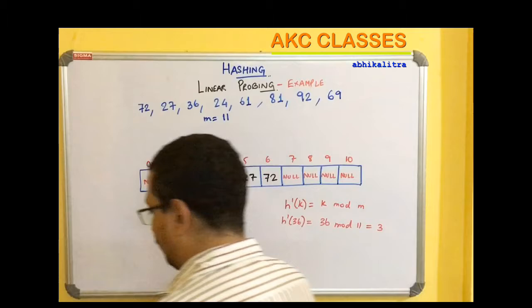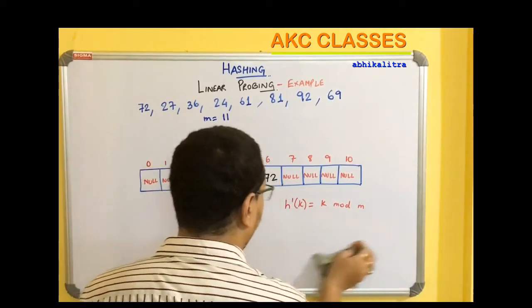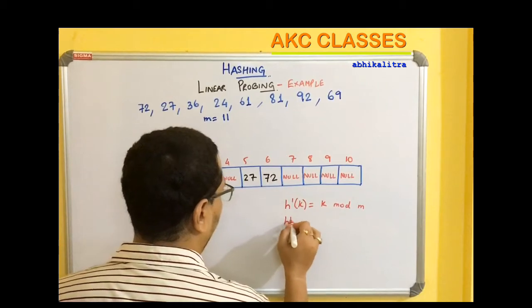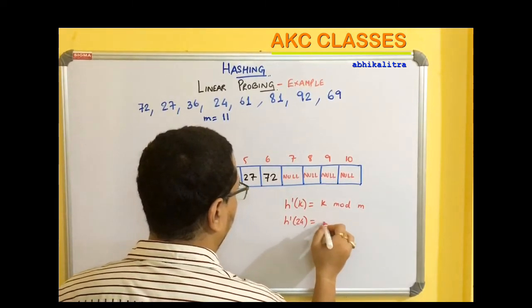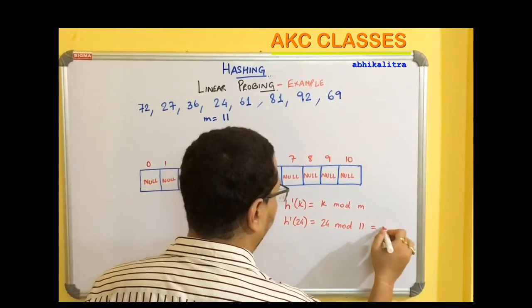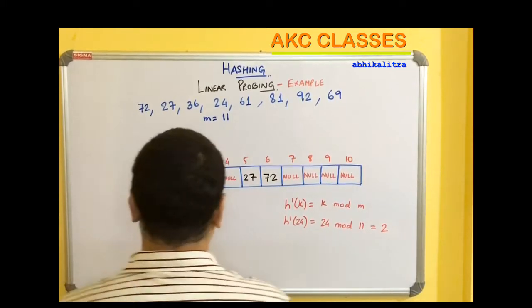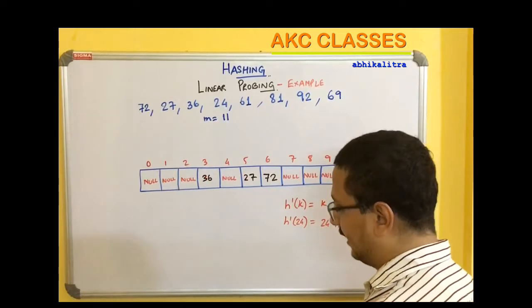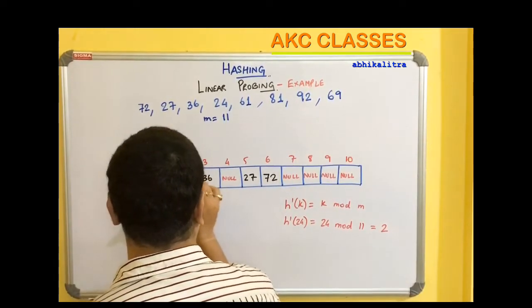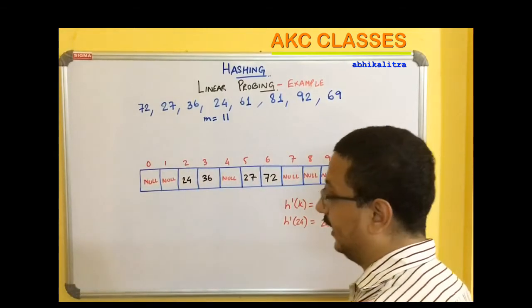Now we move on to the next key value, which is 24. 24 mod 11 will give you 2. So we move on to the 2nd location. Yes, it is empty, so we insert 24 into the 2nd location.